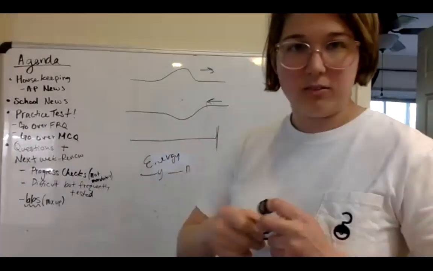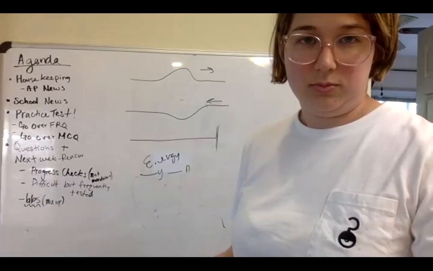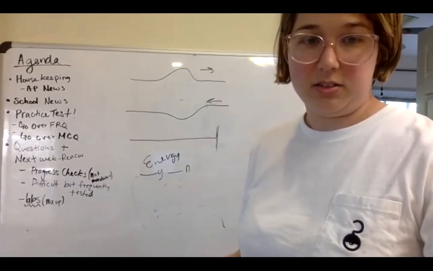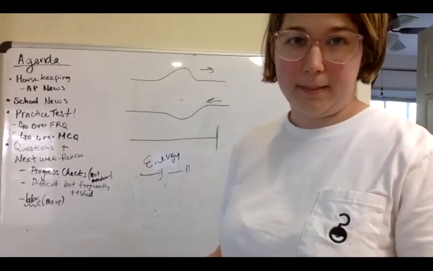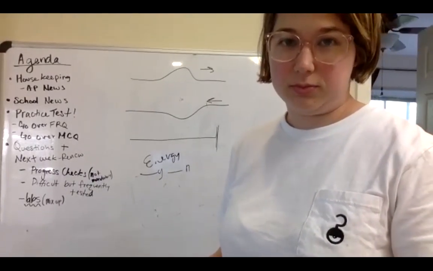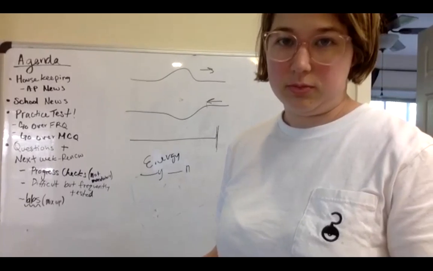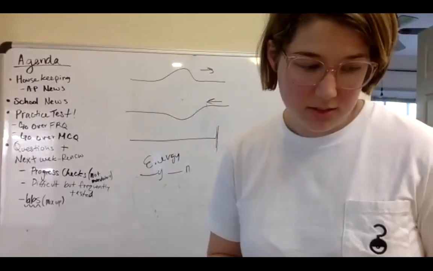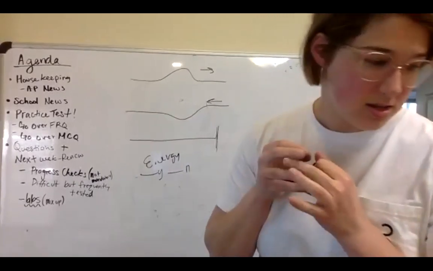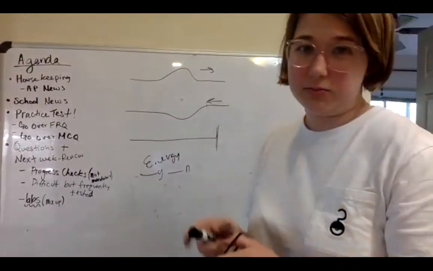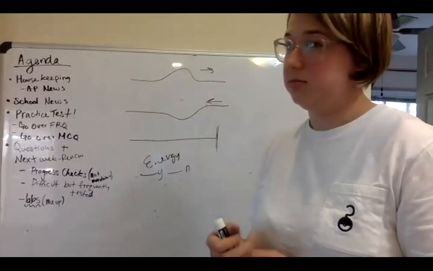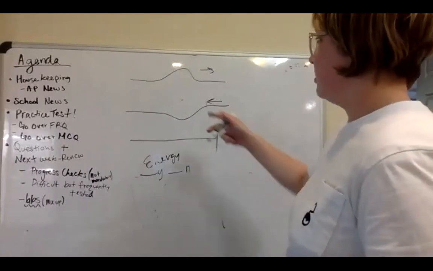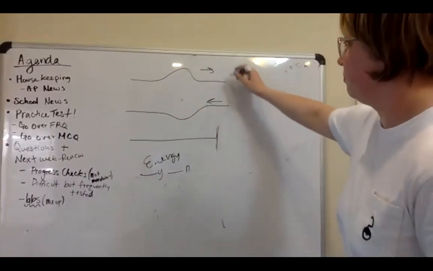What do we think? No. Why? Because energy is shown in a wave through the amplitude, and if it has no amplitude, that should mean it has no energy. Okay. Do we all agree with that? Can you say that again? Yeah. This is before, this is after.